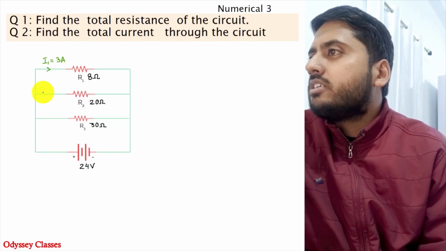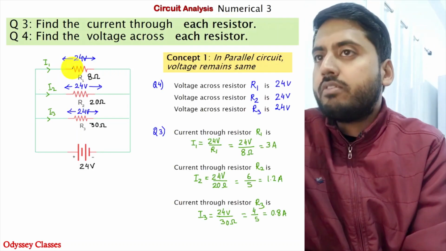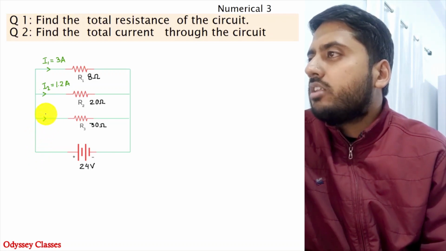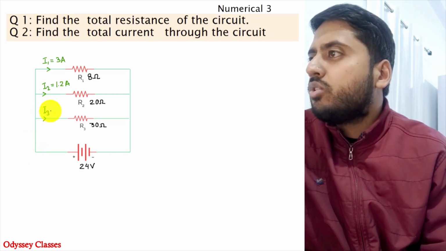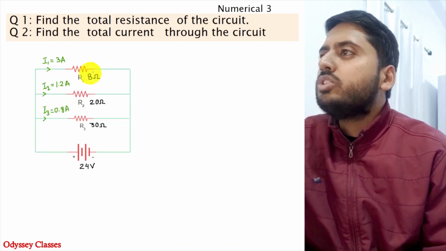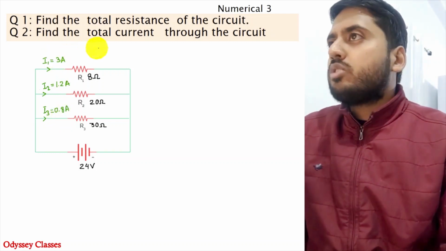The current through R2, we got as 1.2 amperes. And the current that is flowing through R3, we obtained as 0.8 amperes. So this is the current through each resistor. So now we can solve total current.